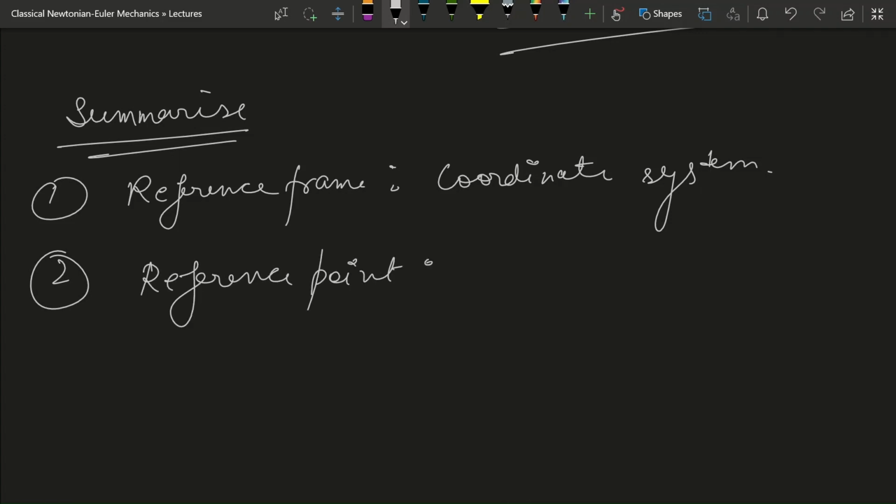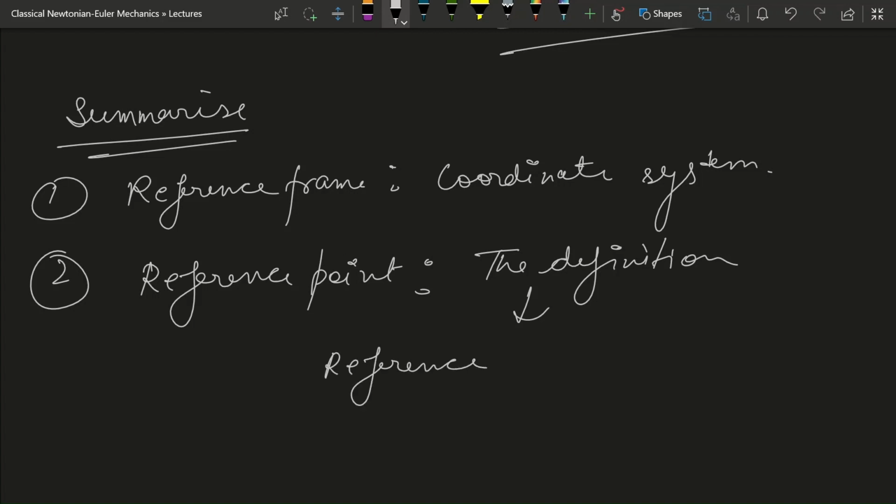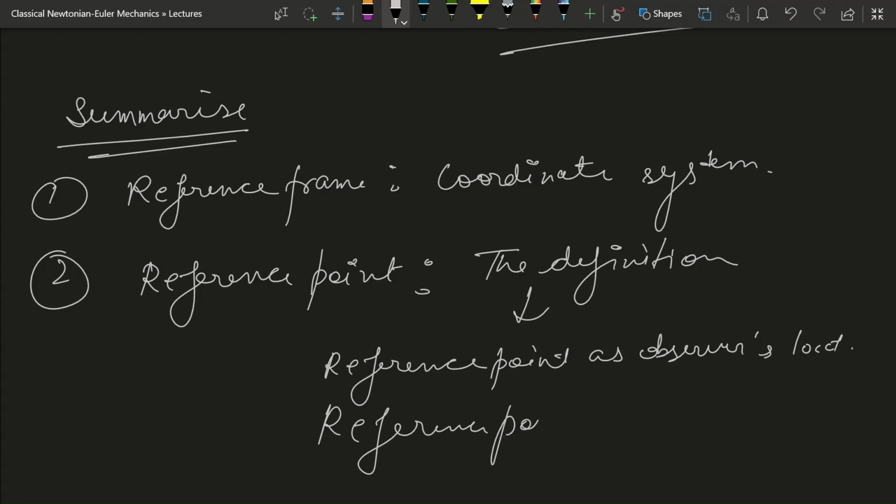The definition, and reference point as the observer's location. Okay, and reference point as any point.